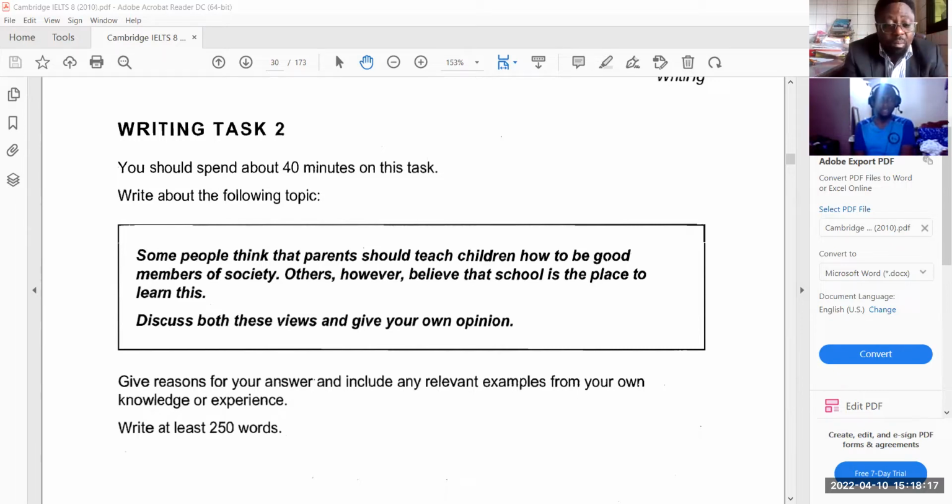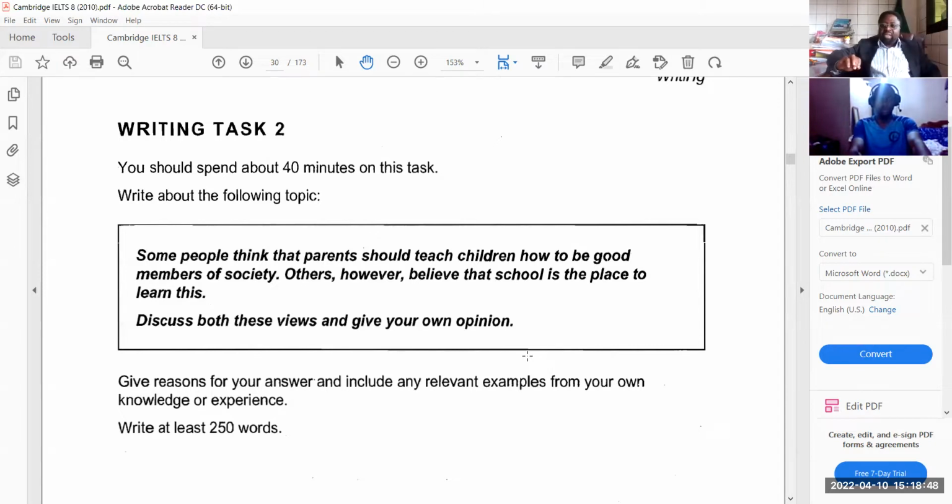So look at where the topic is. First thing you have to do is to identify the keywords. When they give you your test paper, first thing is to identify the keywords.